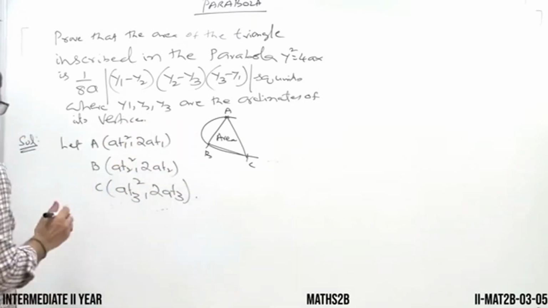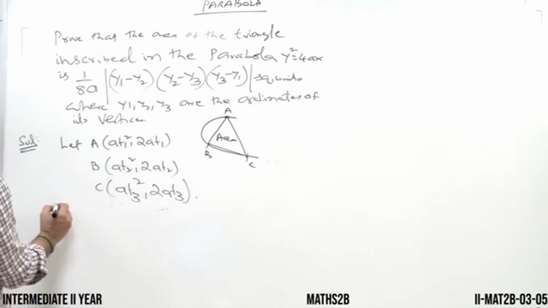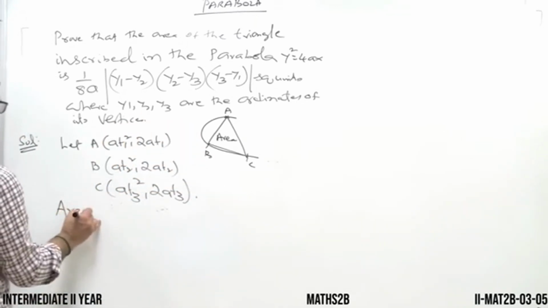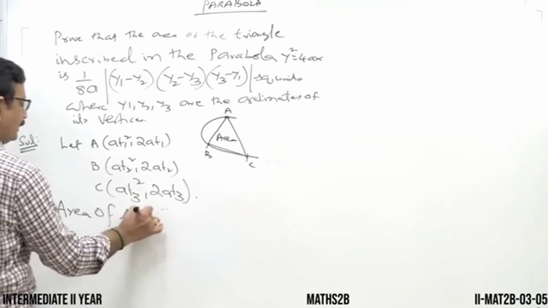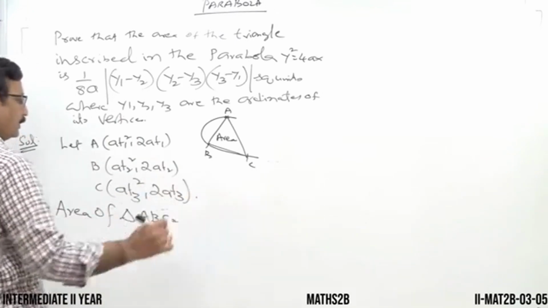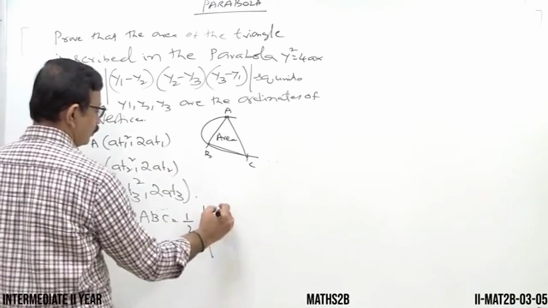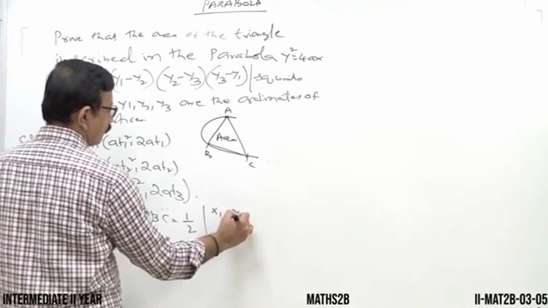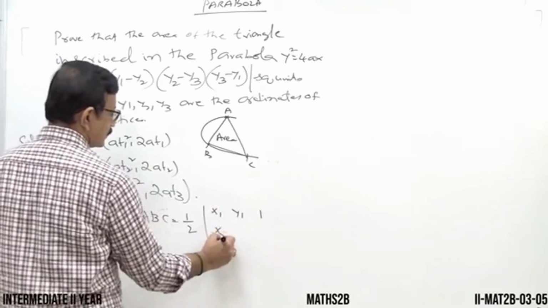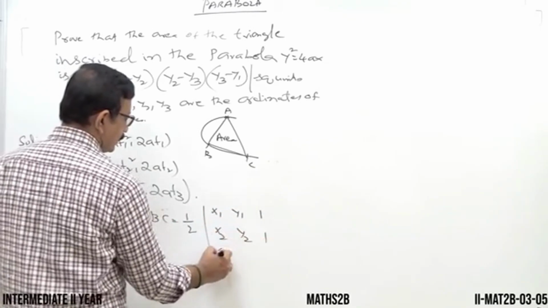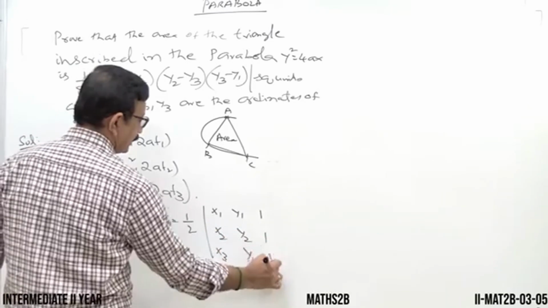Now here we want the area of triangle ABC. What is this formula? 1 by 2 into the determinant with rows x1, y1, 1; x2, y2, 1; x3, y3, 1.